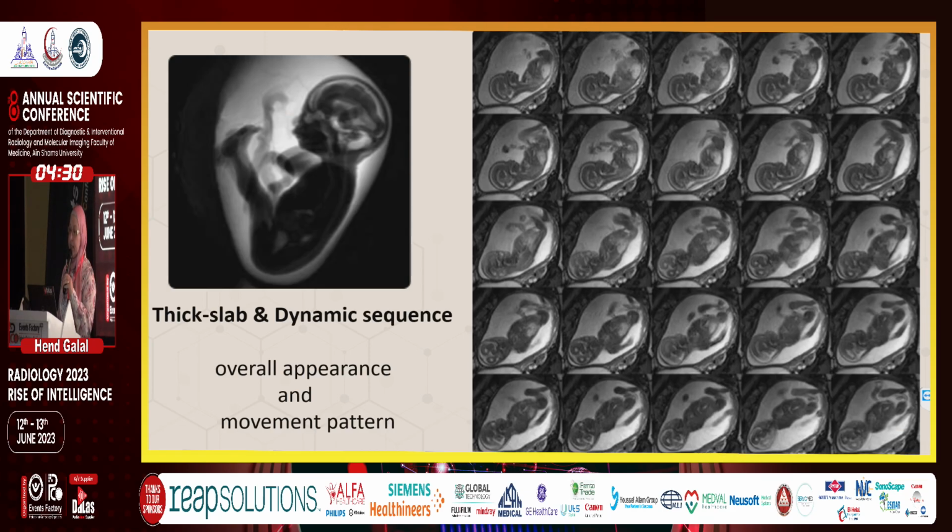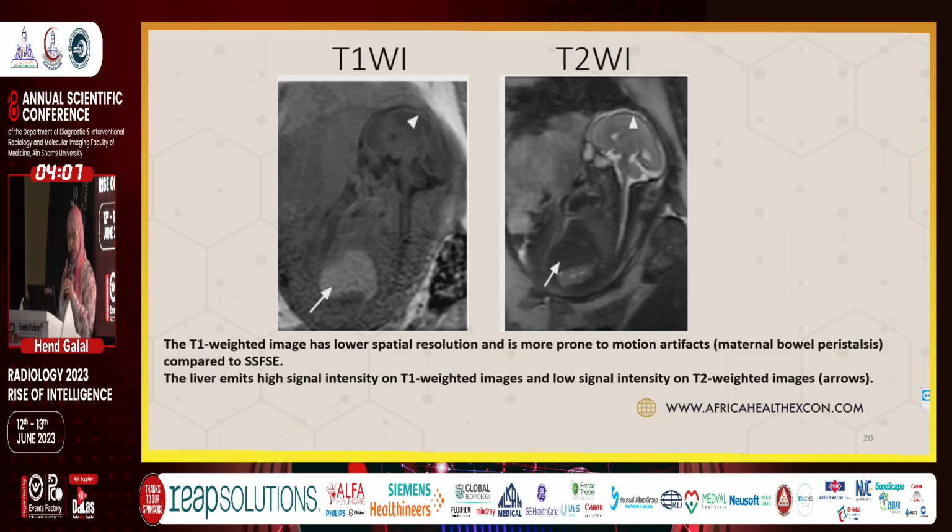Also, if there is a suspected abnormality in the skeletal system, we want to see the overall appearance of the baby. So we will give a 2 to 3 minute sequence, like a thick slab or dynamic sequence, to see the overall movement pattern if there is abnormality in the skeletal system.